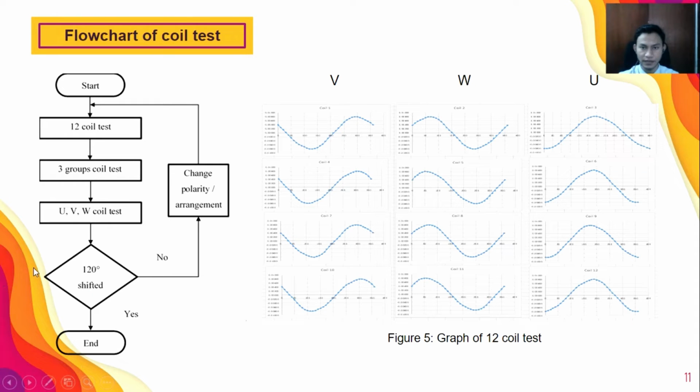Basically, this is the result for the 12 coil test and the 3 group coil test, which is 1 until 12, and the groups are group U, group V, and group W. Group U must, as I mentioned in the flowchart, be designed so that the motor is in the range of 90 degrees until 270 degrees.